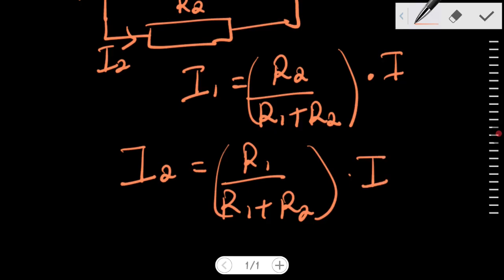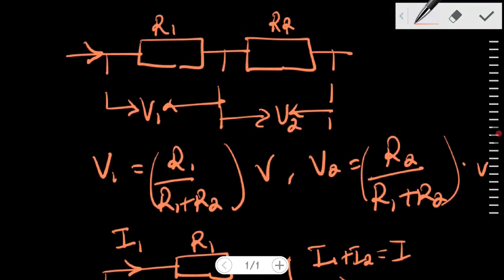These are the formulas we generated from the previous video: to get current in parallel connection of one of the resistors, this is what you follow, and in series connection we form a voltage divider, so to get PD across any of the resistors, this is what you follow.